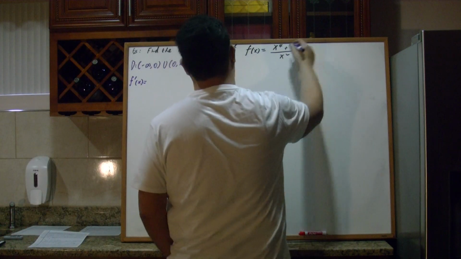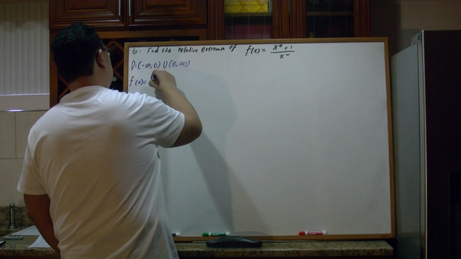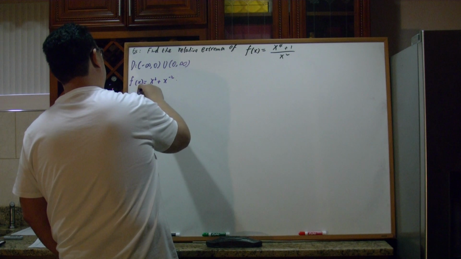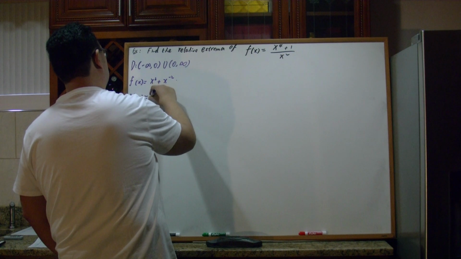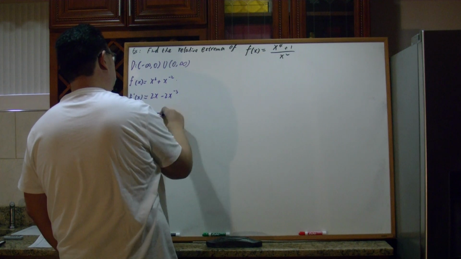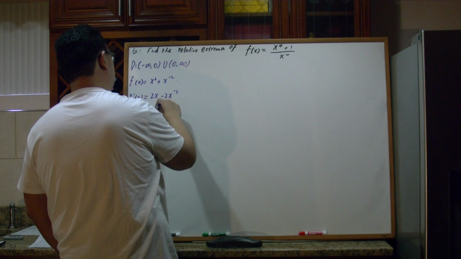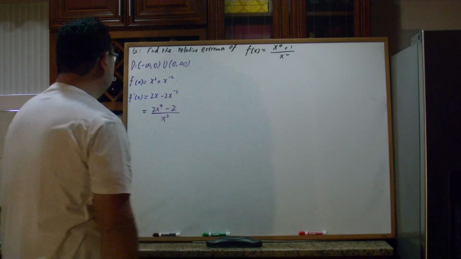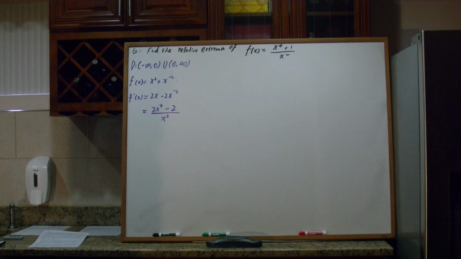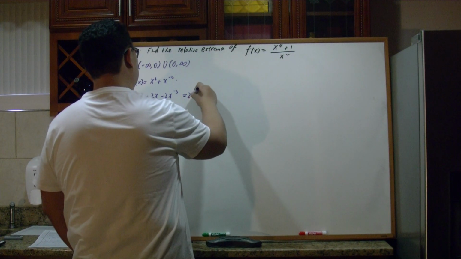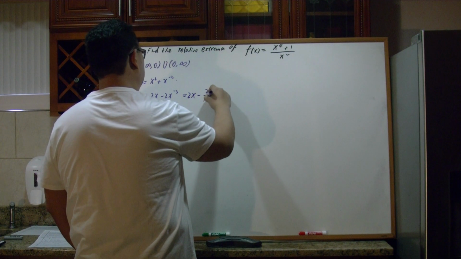f of x we can simplify first, that's x squared plus x to the negative 2. Right, f prime of x will be 2x minus 2x to the negative 3. That's 2x minus 2 over x to the third.